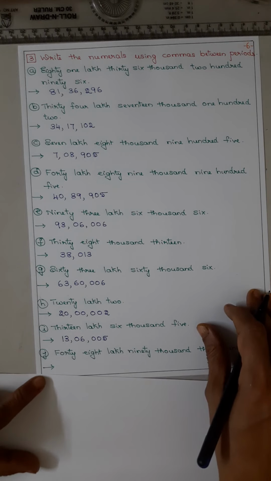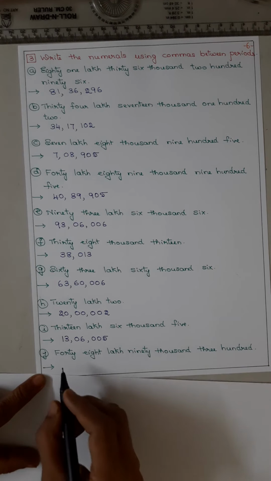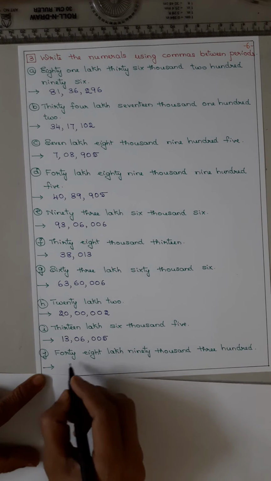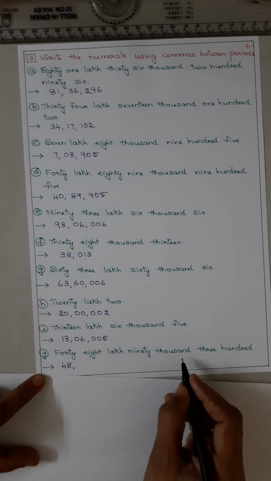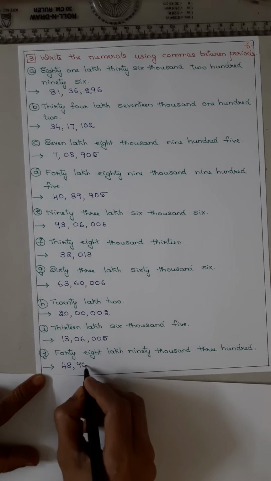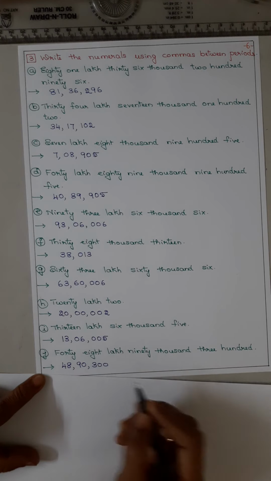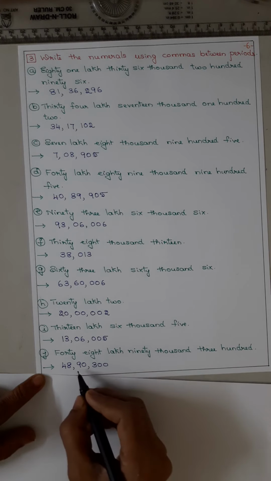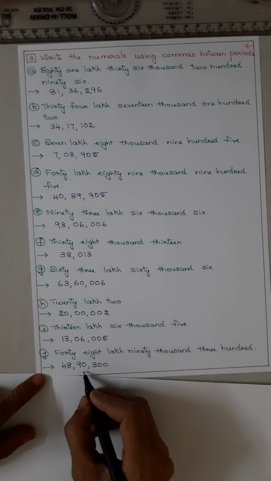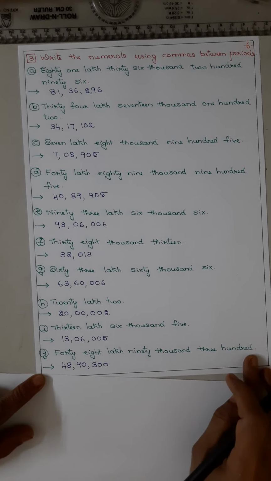Now coming to the question number J, it is 48 lakh 90,000, 90 comma 300, 300. 48 lakh 90,000 300.